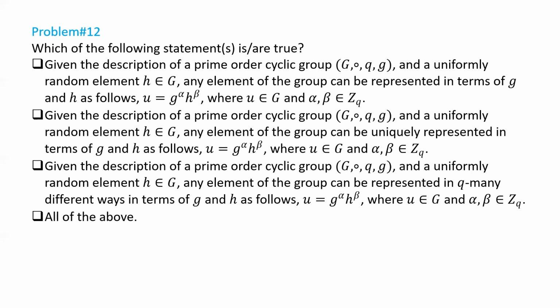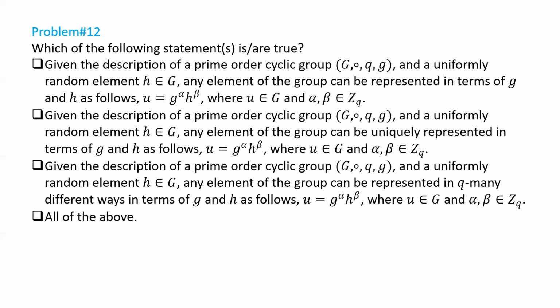Yes, it is possible because you are in a prime order cyclic group. So each of the elements in the group is invertible, and now each value like G to the power alpha, for any alpha, will map to some group element itself, because of the closure property.